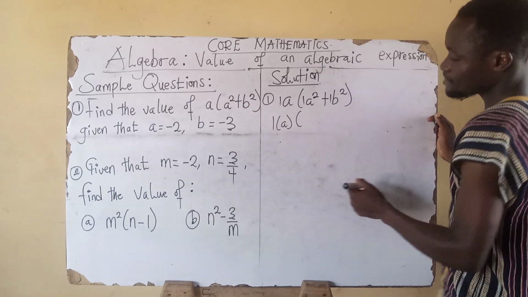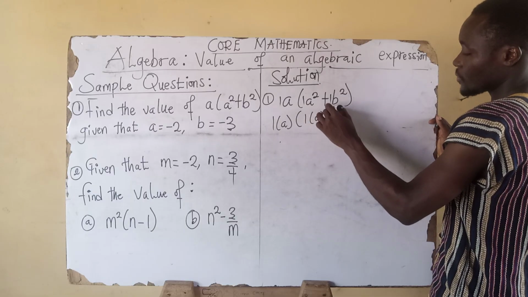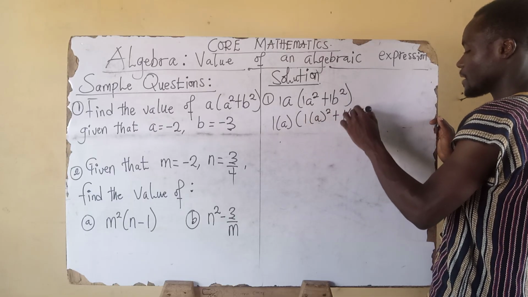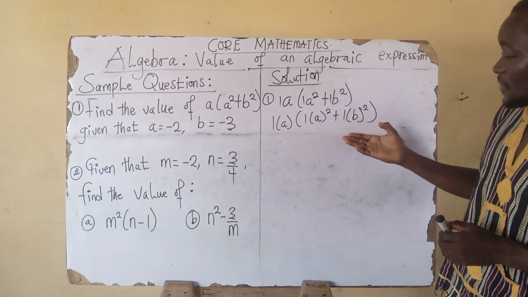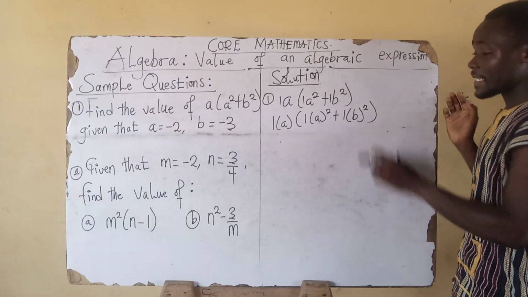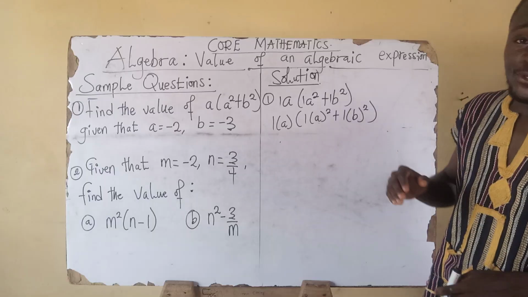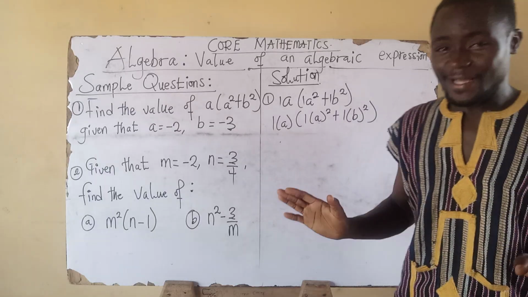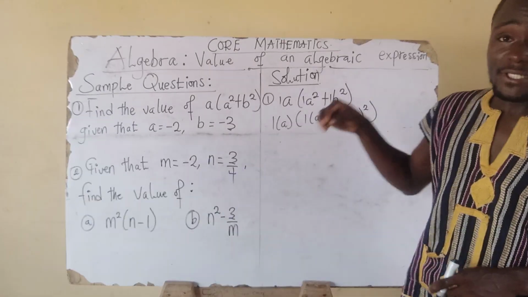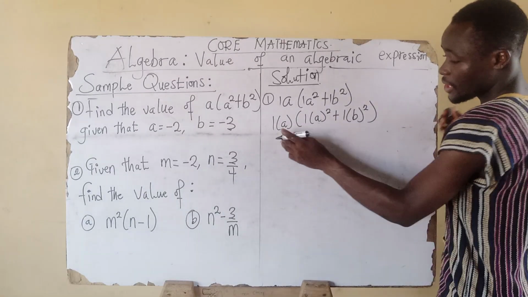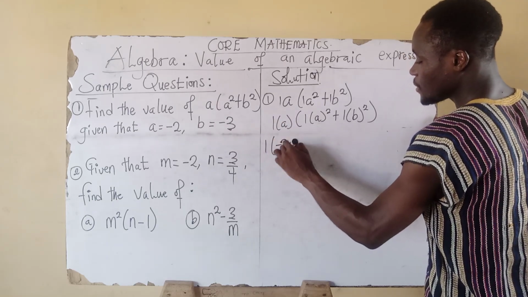So, 1(a) all squared plus 1(b) all squared, bracket close. I believe you are not confused. Open your eyes well so that you will know what we are doing. Now we are going to substitute the corresponding values in there. Here the a is given as -2, so I have 1 in a bracket, negative 2.